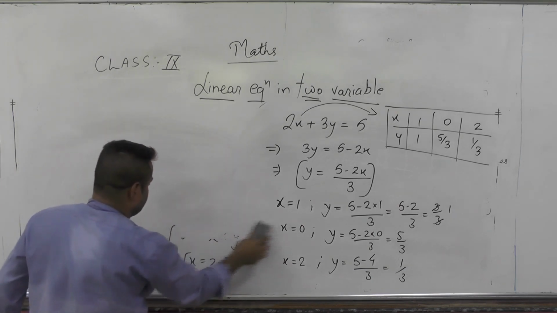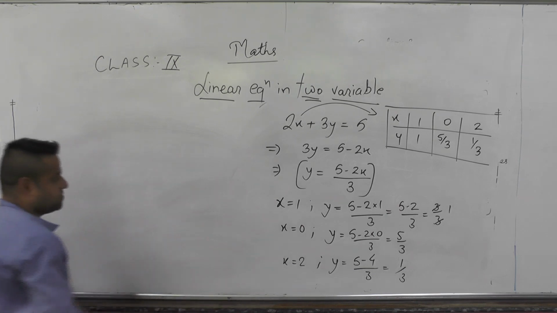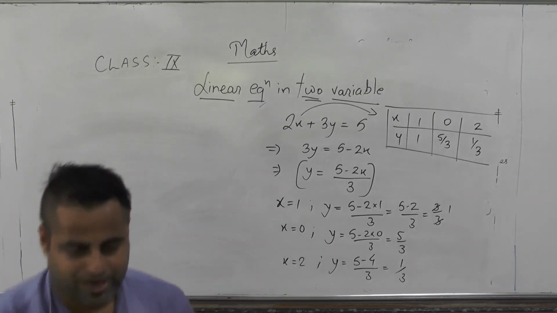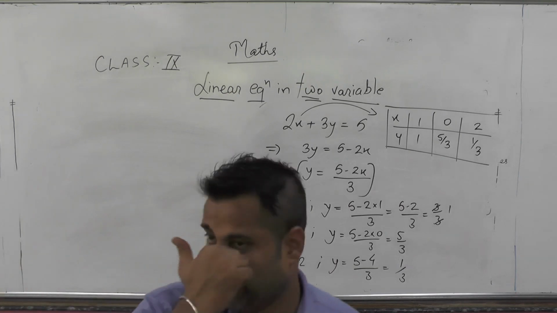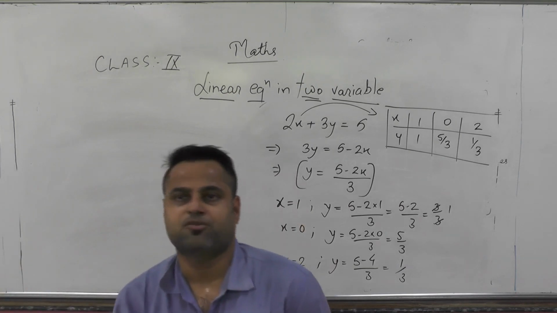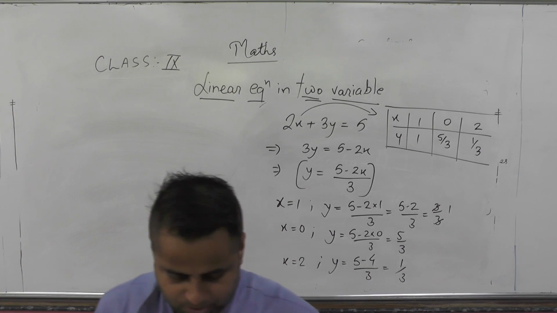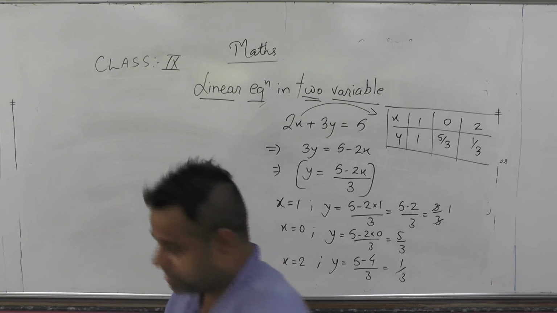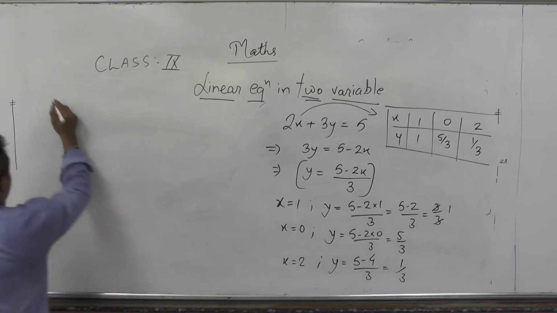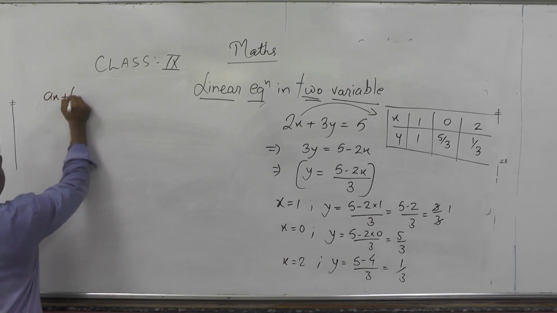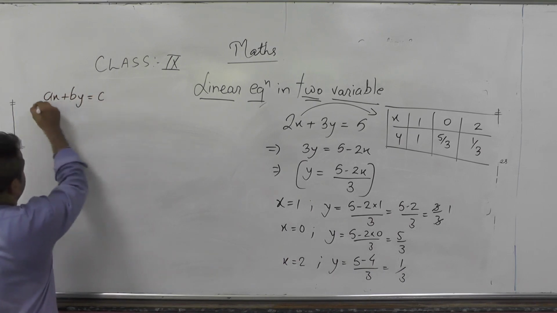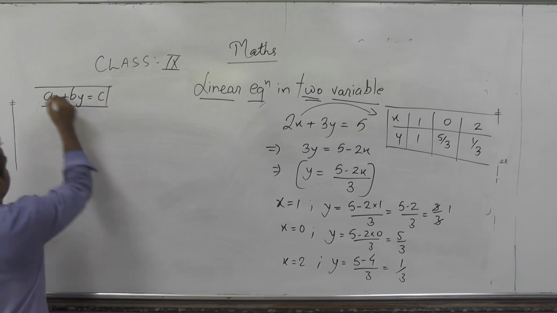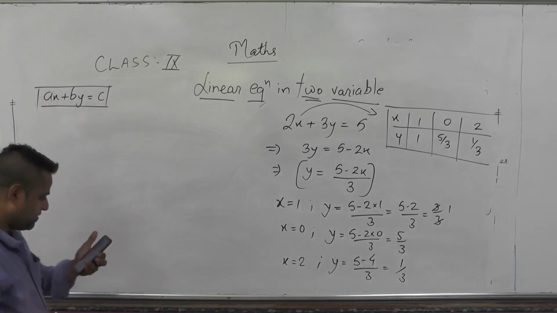In that book also, there are some questions to find the values of a, b, c. You just need to compare the equation with our proper linear equation, which is ax plus by equals c. Ax plus by equals c. This is the proper form we have as a linear equation.